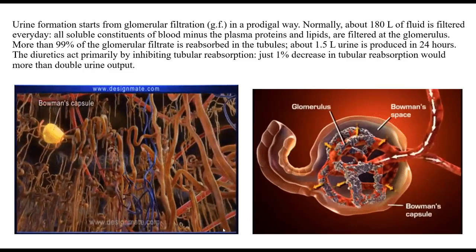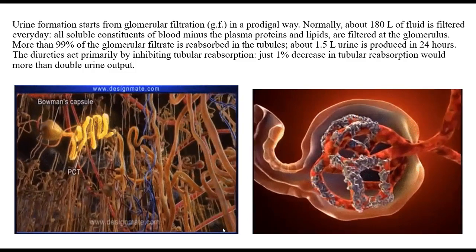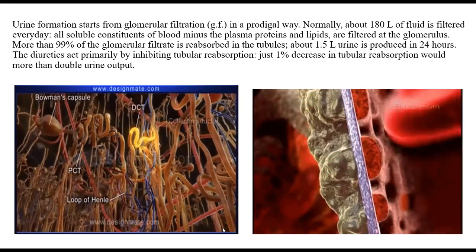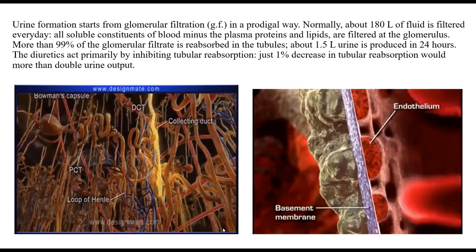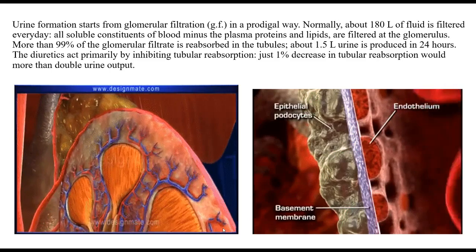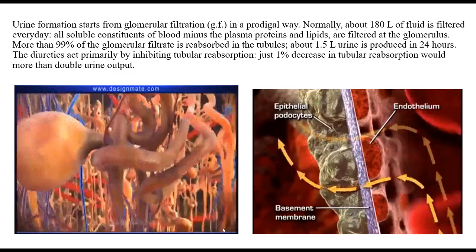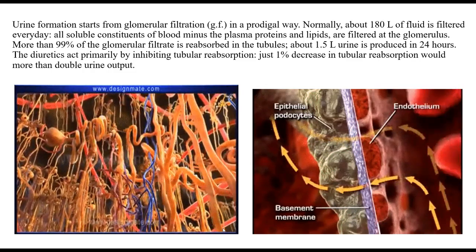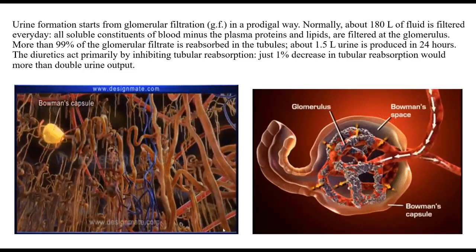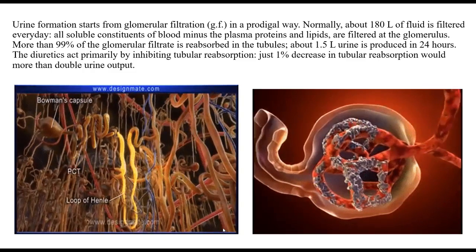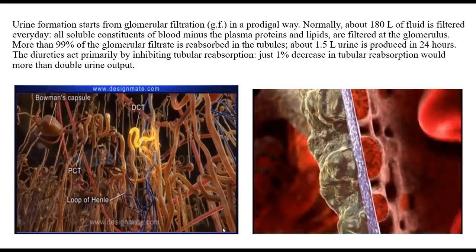Diuretics are drugs that primarily inhibit this tubular reabsorption. Normally the tubules reabsorb the fluid and we get only 1.5 liters. But when tubular reabsorption is inhibited, the urine output will be more.